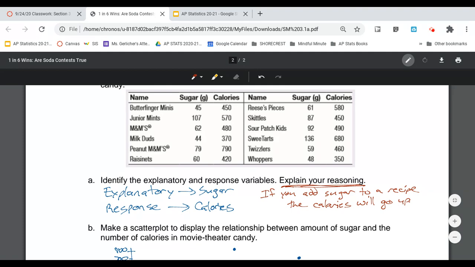The sugar would create a response of higher calories. The higher sugar level would explain the higher calories. You wouldn't say, I want less sugar, so therefore I should have less calories in. Well, you would have to take out the sugar. The sugar comes first and the calories are a result of the sugar.